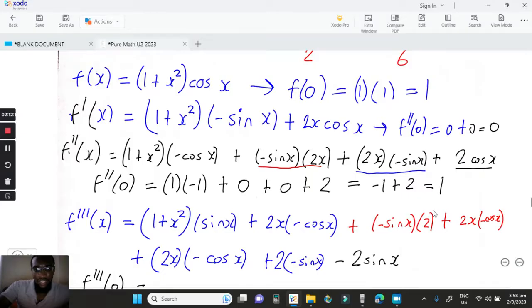When we differentiate sine, we get cos. Plus this part in blue, keep the first, times derivative of the second, differentiate that, we'll get that, plus keep the second, times derivative of the first. Now we differentiate 2 cos x now, we get minus 2 sine x. Good. Then now what do we notice?